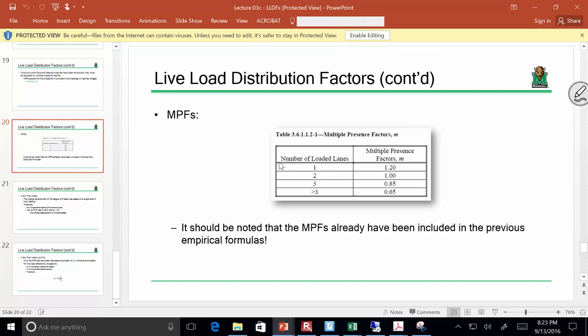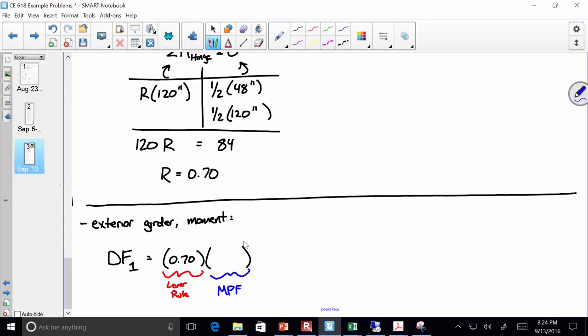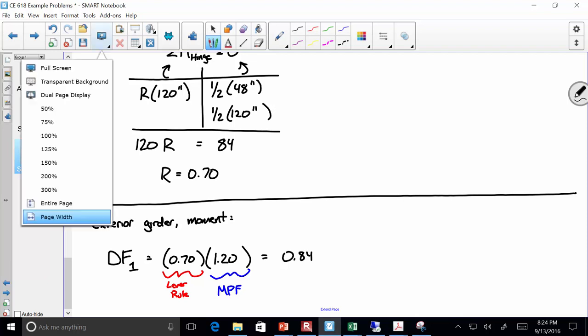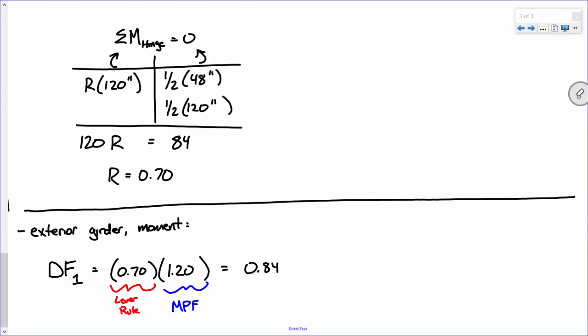So since we're talking about a single lane loading, our multipresence factor is 1.2. Make sense? So I propose that this needs to be 1.2, and that makes that 0.84. So far, so good.